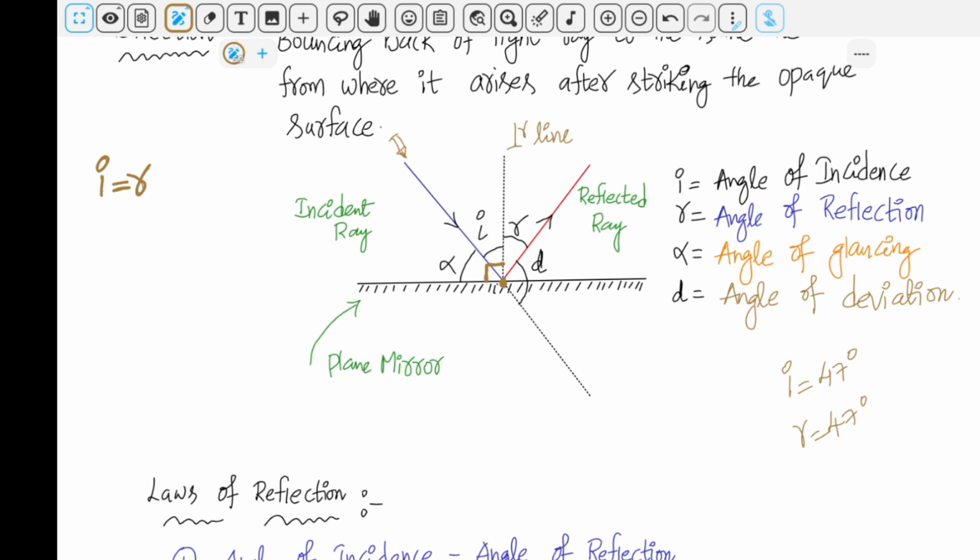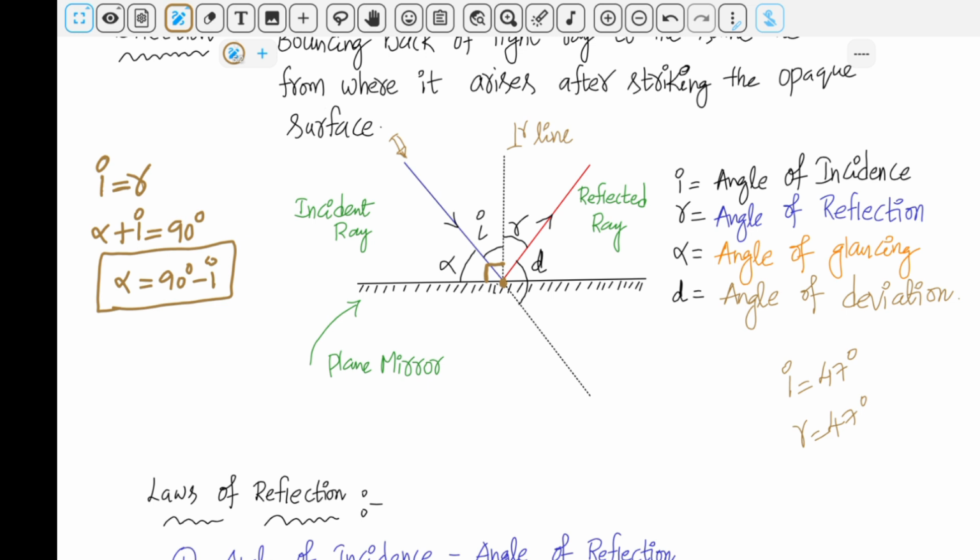Therefore, if you add angle of glancing and angle of incidence, you must get 90 degrees. Therefore, if you know the angle of incidence and want to find the angle of glancing, you can use this formula: alpha is equal to 90 degrees minus I. So alpha is the angle of glancing, I is the angle of incidence. This is the relation between angle of incidence and angle of glancing, as well as angle of incidence and angle of reflection.